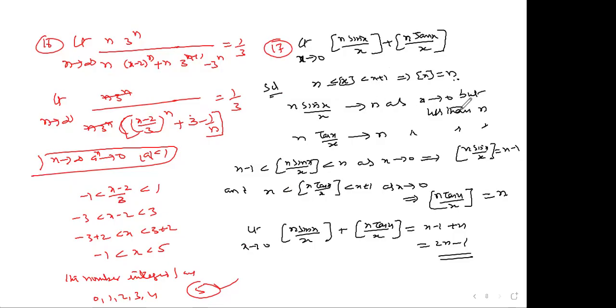In the same fashion, n into tan x by x tends to n as x tends to 0, but less than n. So what happened here? n minus 1 less than step of x minus sin x by n as x tends to 0, the value is less than n minus 1. In the same way, it can be written as less than n. It is more than, okay? Less than n. So finally, it will be like this.